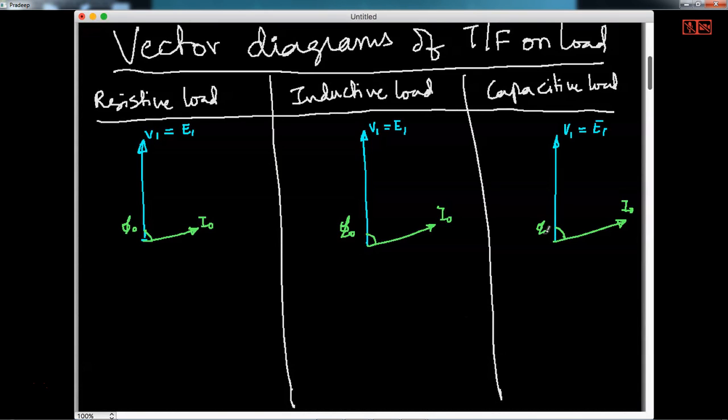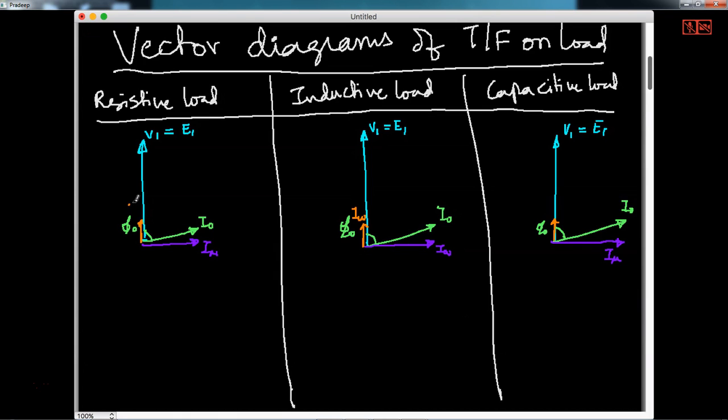Now IW and I mu also I can show, so maybe I'll quickly show that. So this is I mu, this is I mu, but of course they are not important for understanding this. And then IW, so this is IW, this is IW, and this is IW.